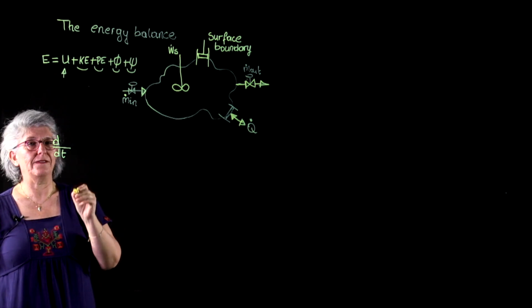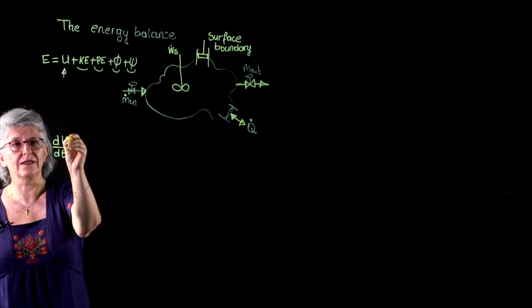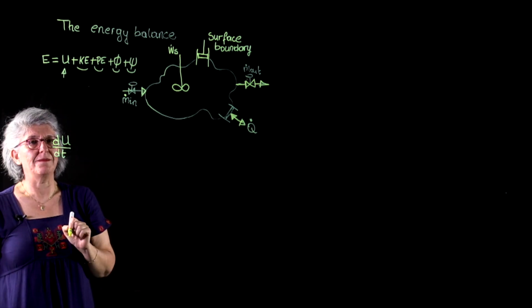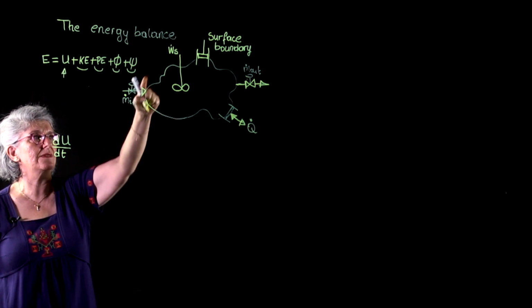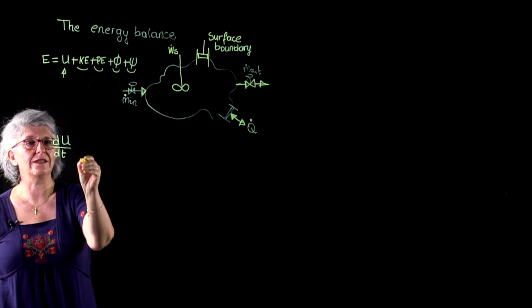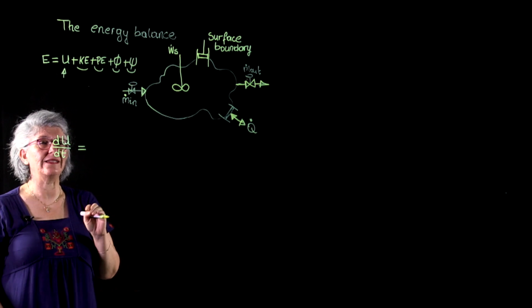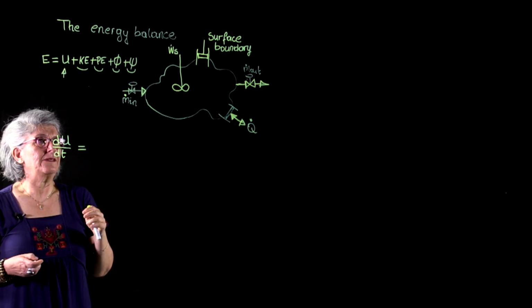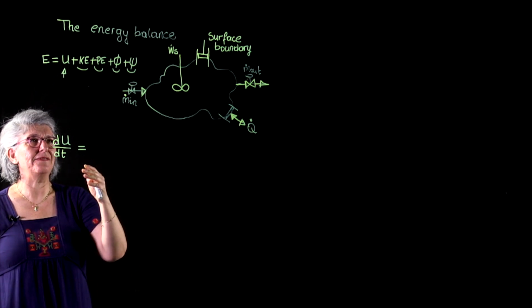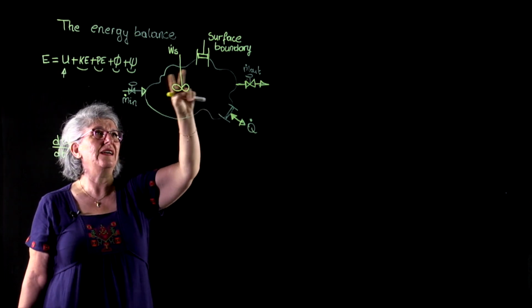Now we have internal energy, the time rate of change of internal energy within the system boundaries. The system is equal to the net rate that energy enters through the system boundaries. All right, we have these mass flows coming in and going out.